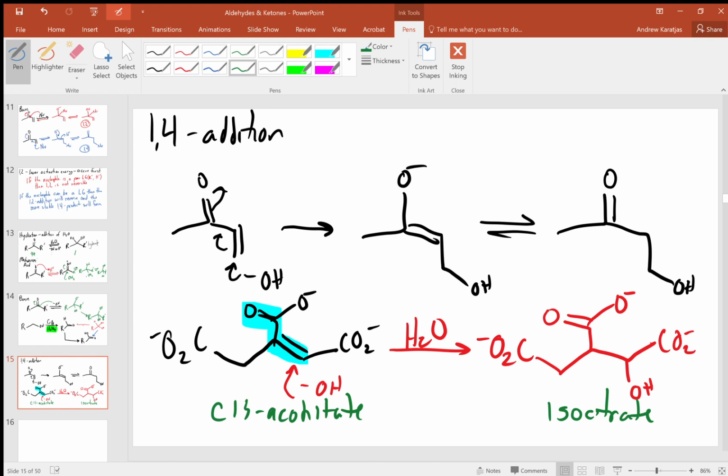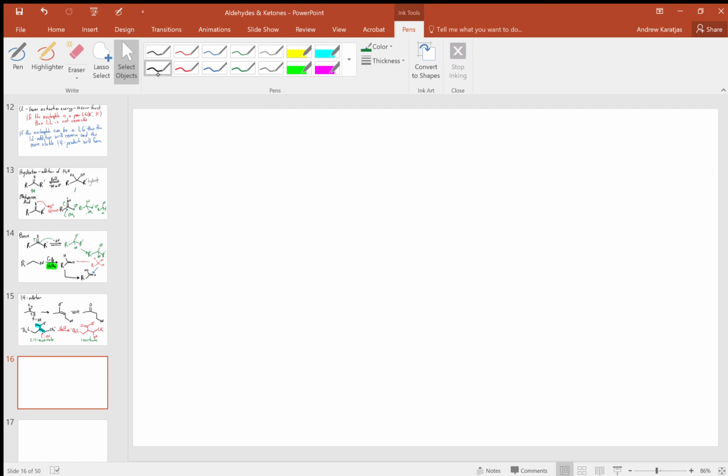Another common nucleophile that we can see added to carbonyls is the addition of HCN. Now, no one ever does this reaction using HCN because HCN, hydrogen cyanide, is highly poisonous.